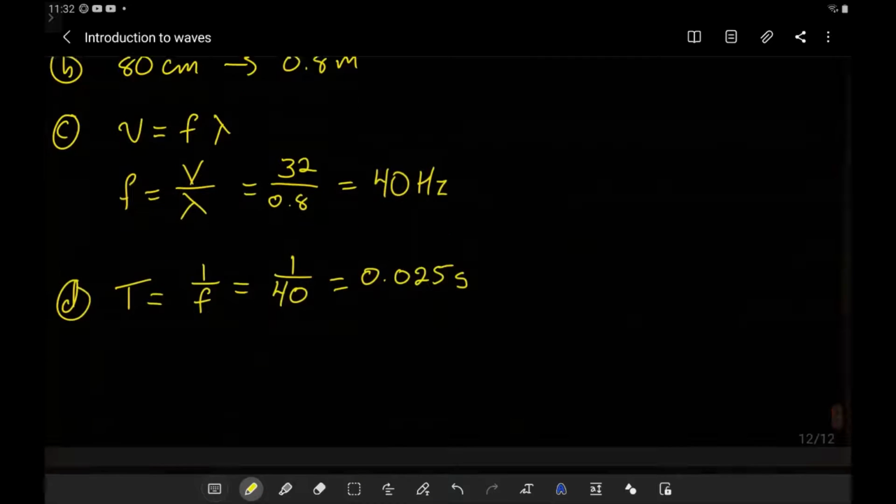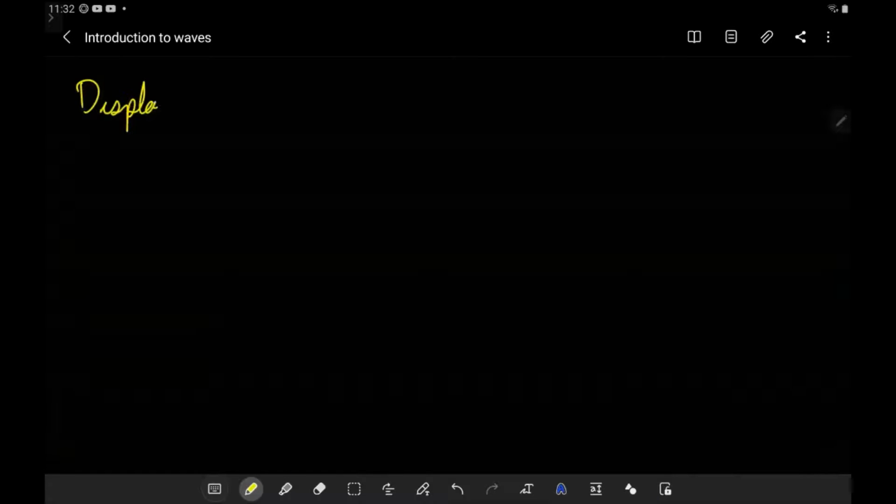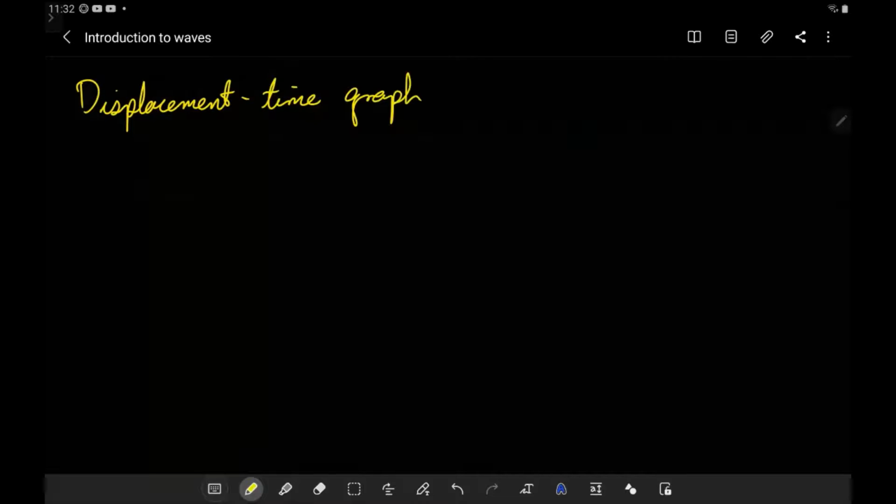Right, so the other type of graph is a displacement time graph. So what is a displacement time graph?